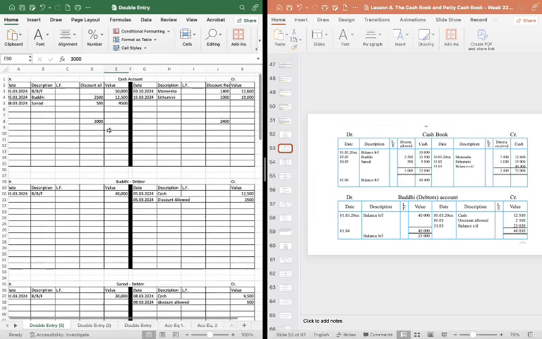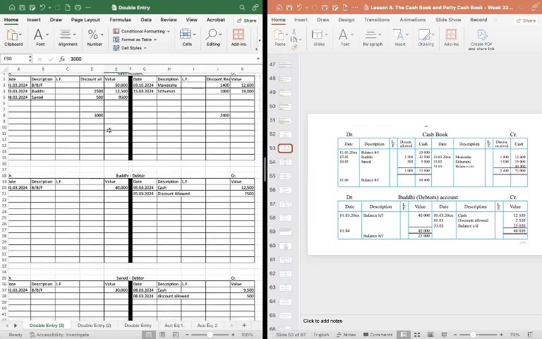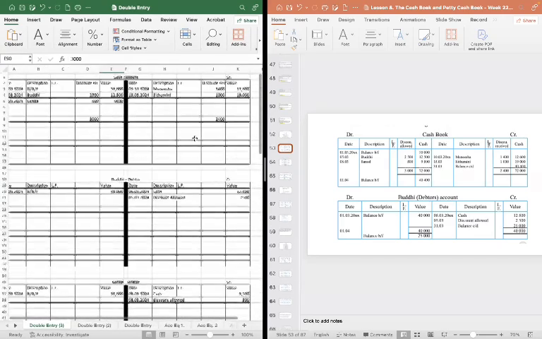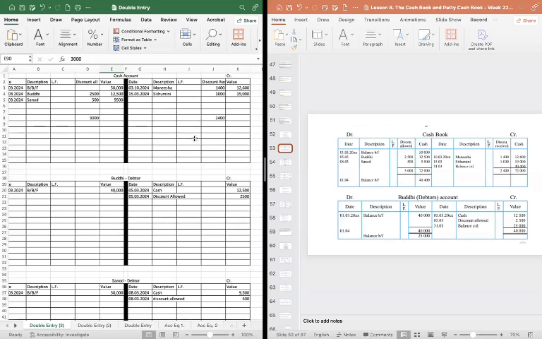And let's look at the discounts received column. So we have received a discount of 2,400. Is that amount an income or expense? Discounts received, is it an income or an expense? Income.